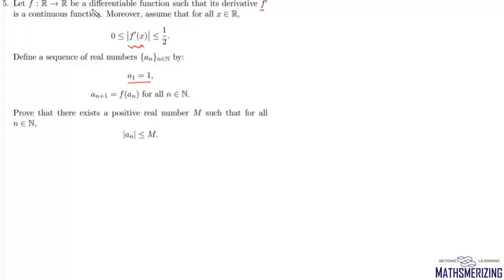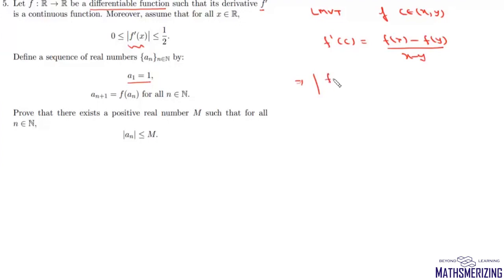Now since in this question the given function is a differentiable function, we'll apply Lagrange's mean value theorem for this function in the interval, say, x comma y. Then we can say there exists some c in this open interval x comma y such that f dash c is equal to f(x) minus f(y) upon x minus y, and if we take a mod sign, then we can simply write this as mod of f(x) minus f(y) upon x minus y, and it is equal to mod of f dash c.